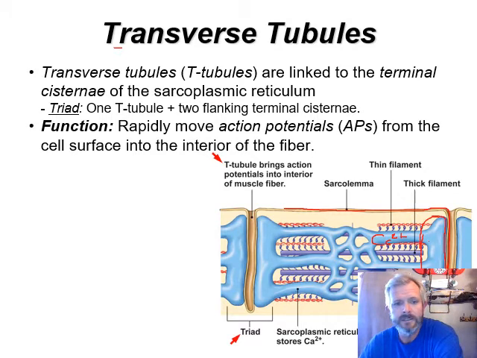Right? You might hear a term triad. Triad is an arrangement because you'll see the T-tubules are flanked on each side by a terminal cisternae of two different sarcoplasmic reticulum, one here and one here.